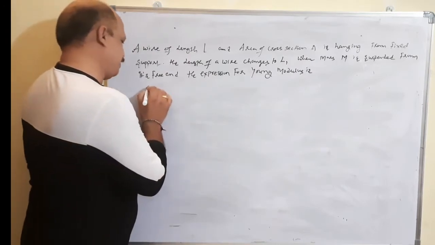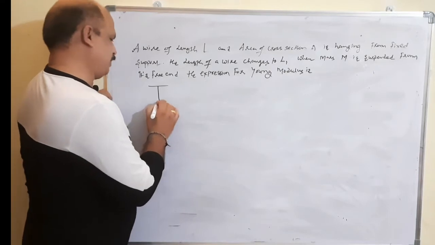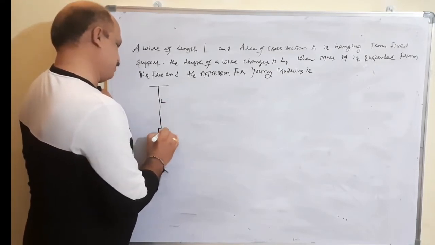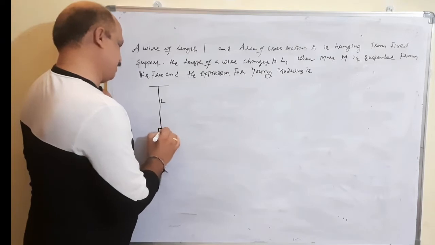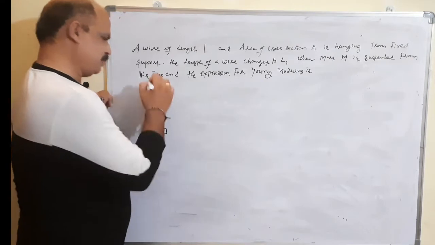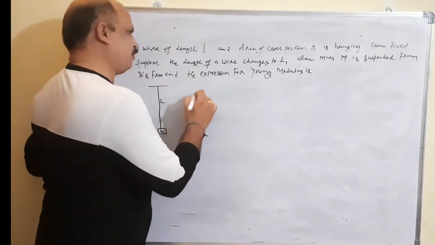So this is a wire. This wire length is L. Whenever the mass is attached to one end of this wire, it expands. Its length changes to how much? L1.